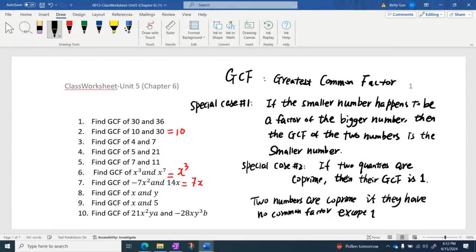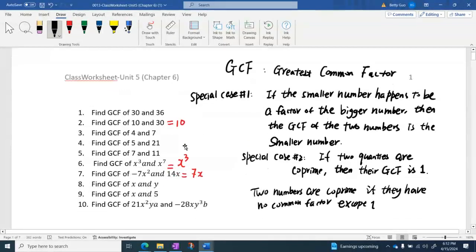The only common factor of the two quantities is 1. When that happens, we say the two quantities are co-prime. If the two quantities are co-prime, then their GCF is going to be 1. 1 is the only common factor, and now make the 1 the biggest common factor, GCF. All right, let's see some examples.